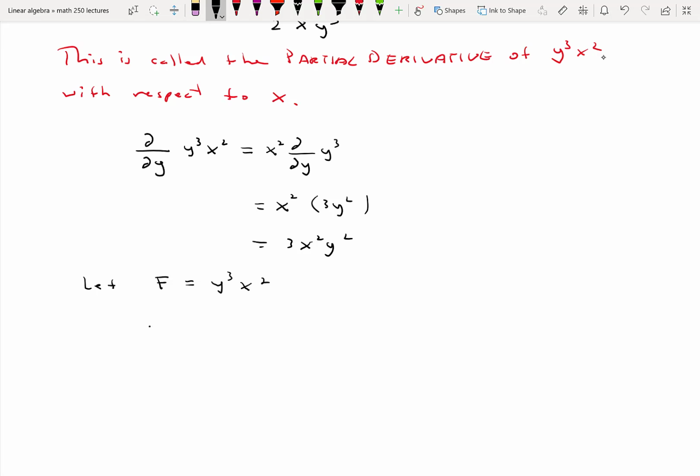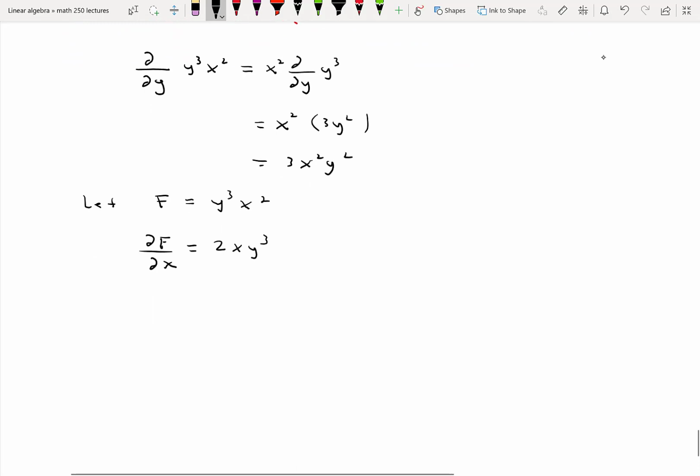So far I have the partial derivative of f with respect to x is 2xy cubed. I also have the partial derivative of f with respect to y is, remember, I'm holding x constant, 3x squared y squared.